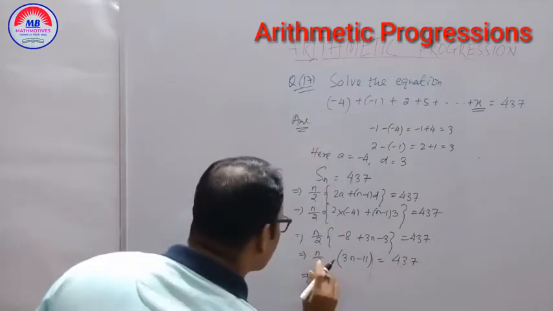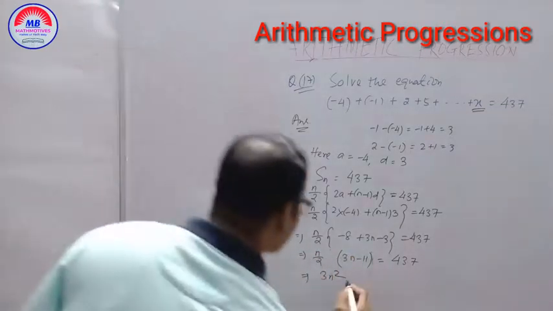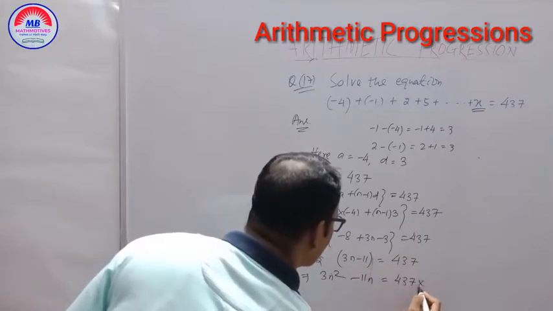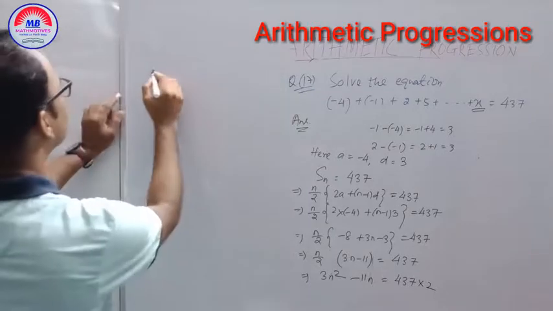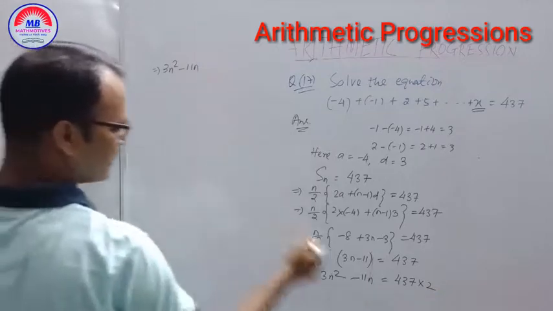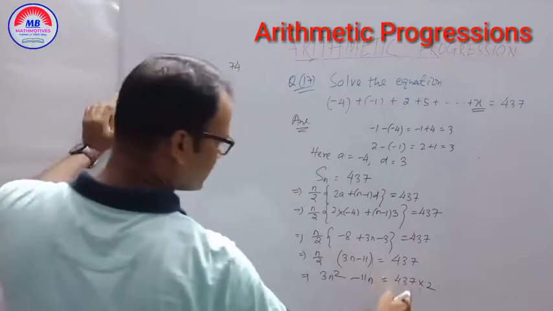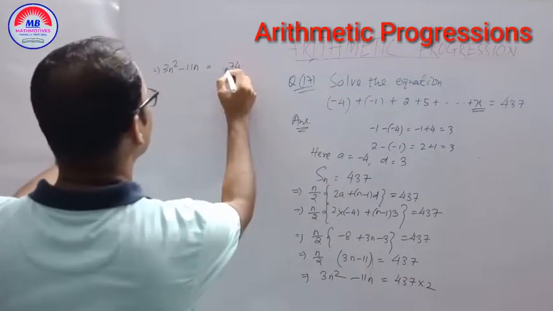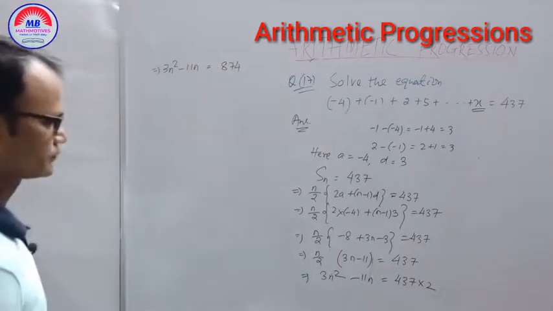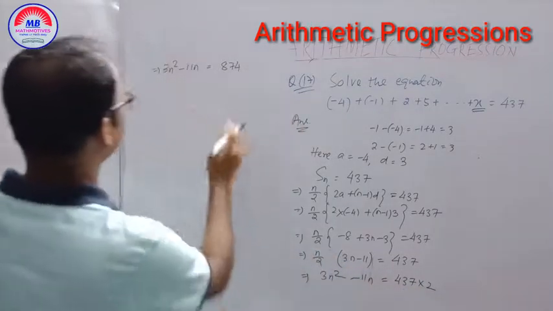Now multiply by 2: 3n square, 3n into n, 3n square minus 11n is equal to 437 into 2, that implies 3n square minus 11n is equal to 874.